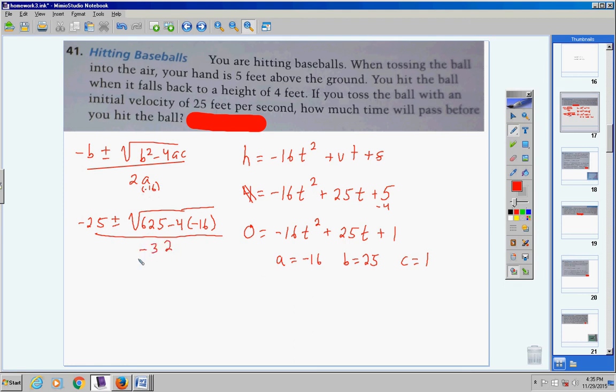Now, if you take negative 4 times negative 16, you get a positive 64. So 625 plus 64, under your radical, you're going to have a 689. And of course, you still have a negative 25 here, and you still have a negative 32 here. Now, if you take the square root of 689, rounded of course, you will get 26.